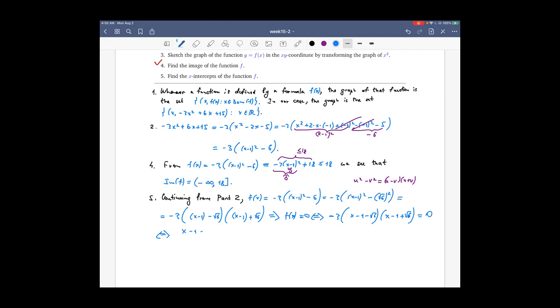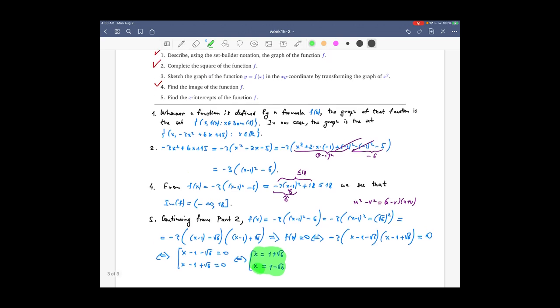So either x minus 1 minus root 6 is 0, or x minus 1 plus root 6 is 0. That's equivalent to x being either 1 plus root 6 or 1 minus root 6. So these are the two x-intercepts. As expected, they're symmetric about the vertical line x equals 1, which is a vertical line passing through the vertex of the parabola.